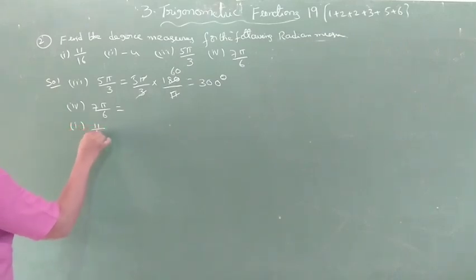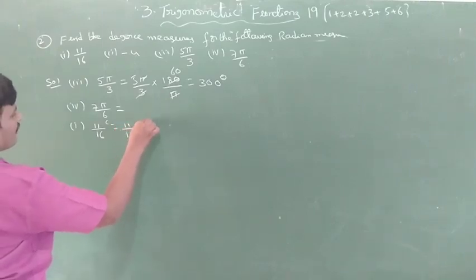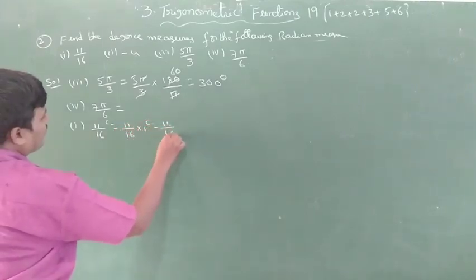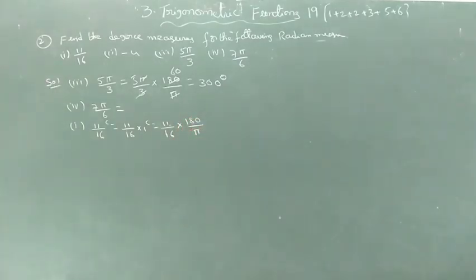Next, the first one is 11 by 16 radians, that is equal to 11 by 16 into 1 radian. So 11 by 16 into 1 radian means 180 by pi. Okay? 1 radian is equal to 180 by pi.